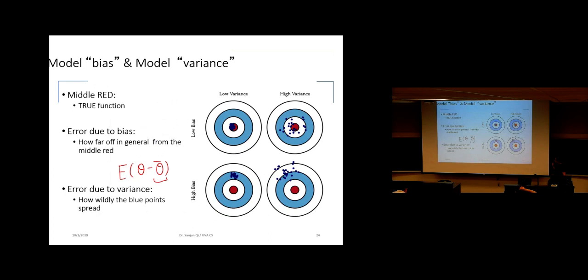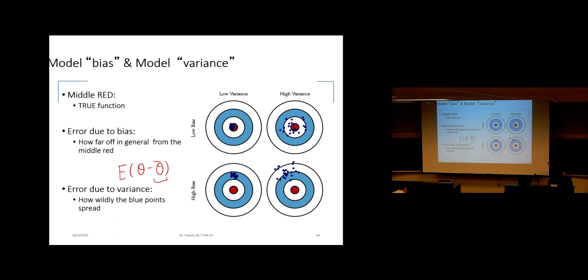Everything I covered so far is just so abstract, right? So let's see, this is the best figure, I think, to understand what variance and bias are. Assuming your true theta is in the middle, that red point, and you're using different training data to estimate it.